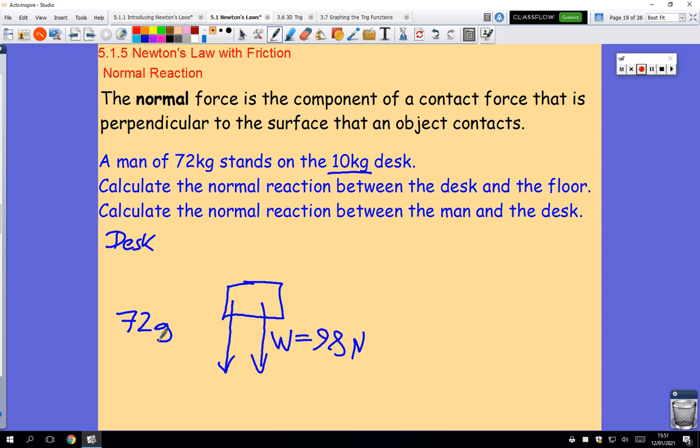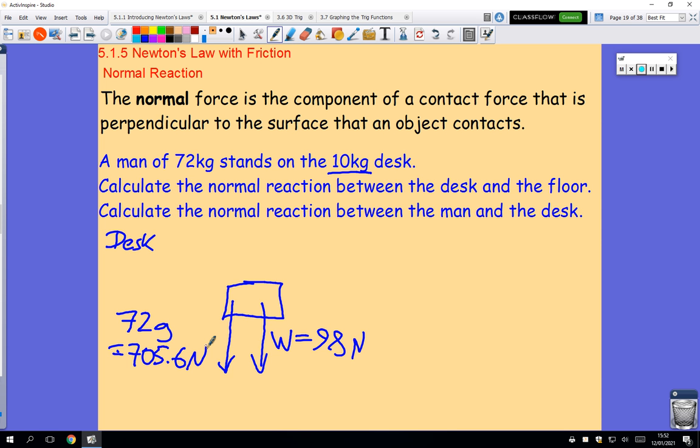It's going to be 72 times g, which is about 705.6 newtons. So those two forces are pushing down on the desk.